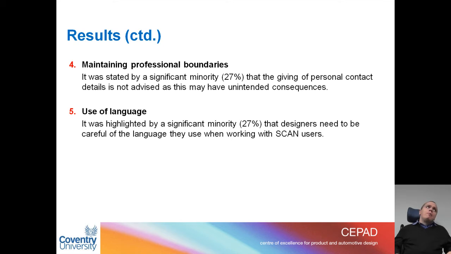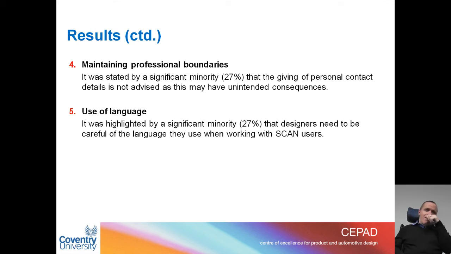And it's also important to remember that these SCAN users are vulnerable, so you do have to watch yourself when you work with such users, and you have to maintain good professional boundaries. So it was good to see that piece of advice, and that they knew they had to do that. It was really good to see that happening in the research.